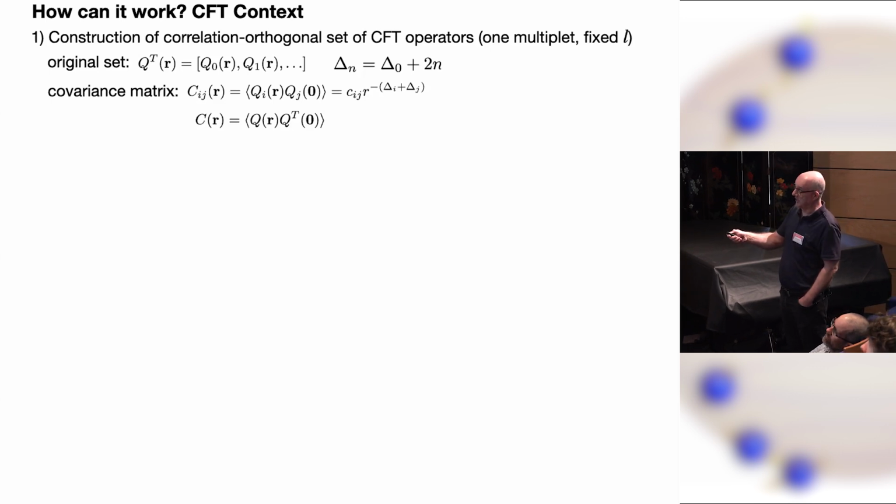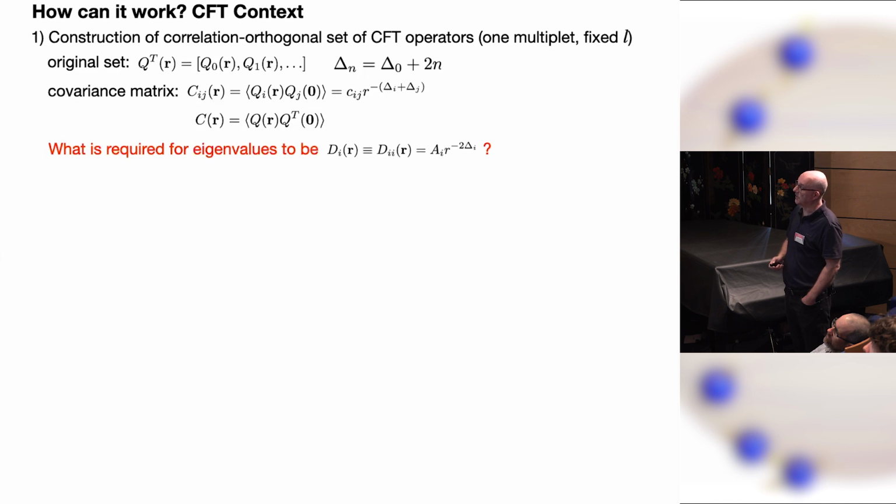So the decay should mix the two scaling dimensions. Okay, you can think of this as a vector as well. So the covariance matrix would be this vector thing here.